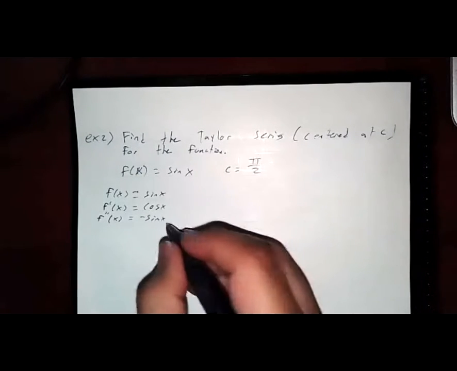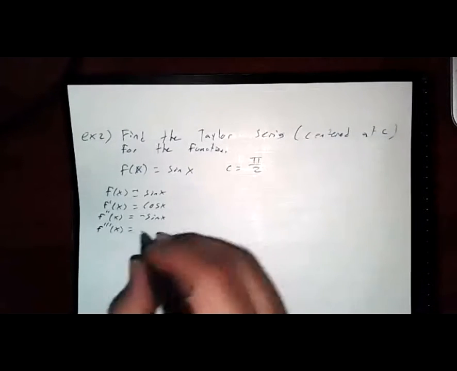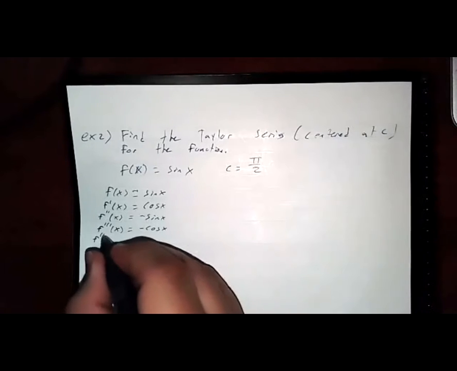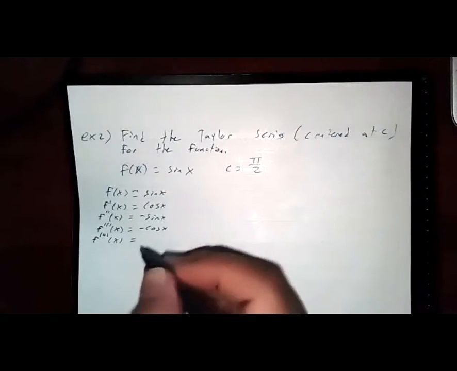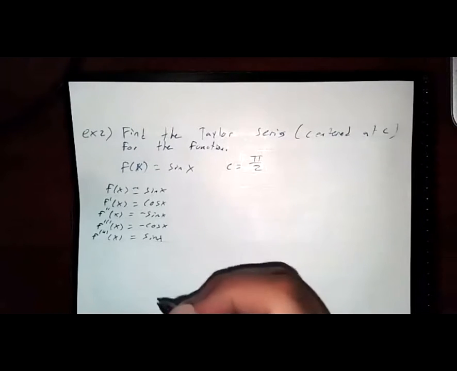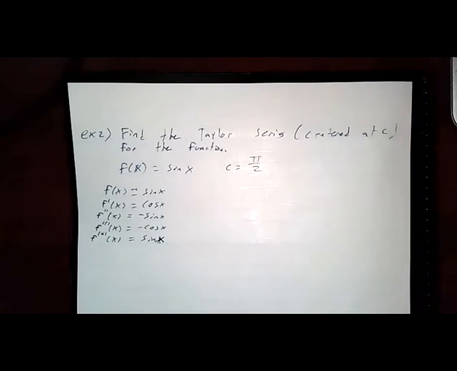Notice how I'm back to sine, but it's negative. Triple derivative, the negative cosine. Fourth derivative is equal to sine. So it took 4 derivatives to get all the way back to what I started with. Everything after that is just going to repeat.